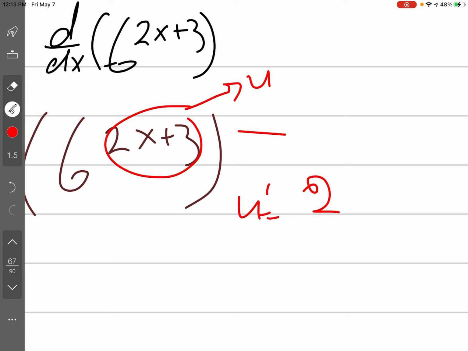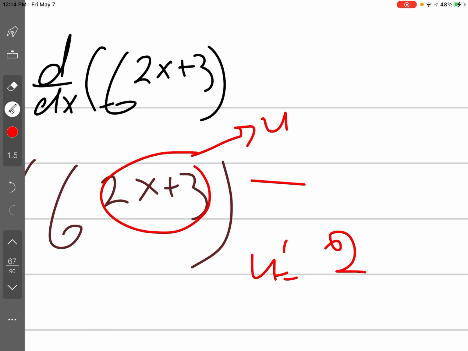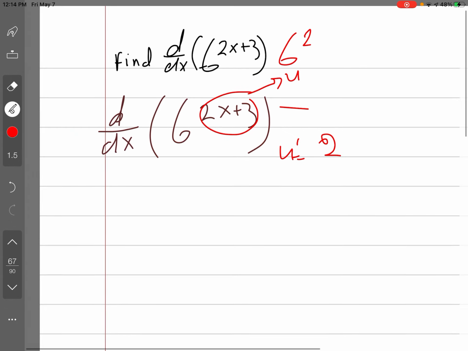So now I have to set up everything together. Inside I have u to the 6 power, because this is u and 6, and then outside the u prime is also 6 to the power, or 6 squared.